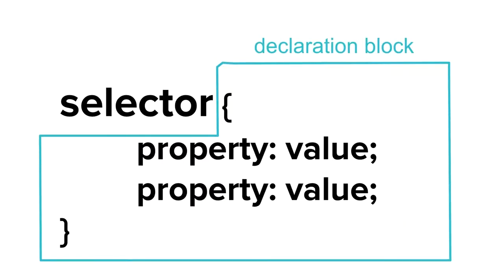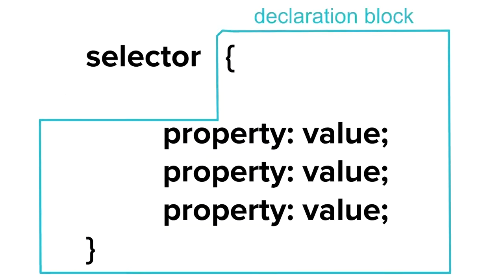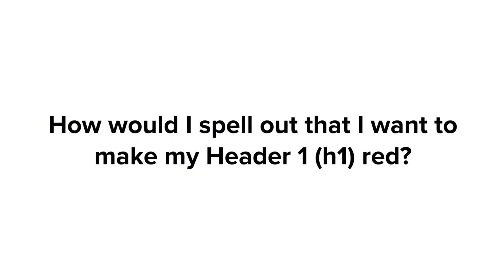I would just keep adding lines of code, right? So here we have an example of 2, here we have an example of 3, and sometimes you're going to even see more properties and values within your declaration block for one selector, and this is really normal.